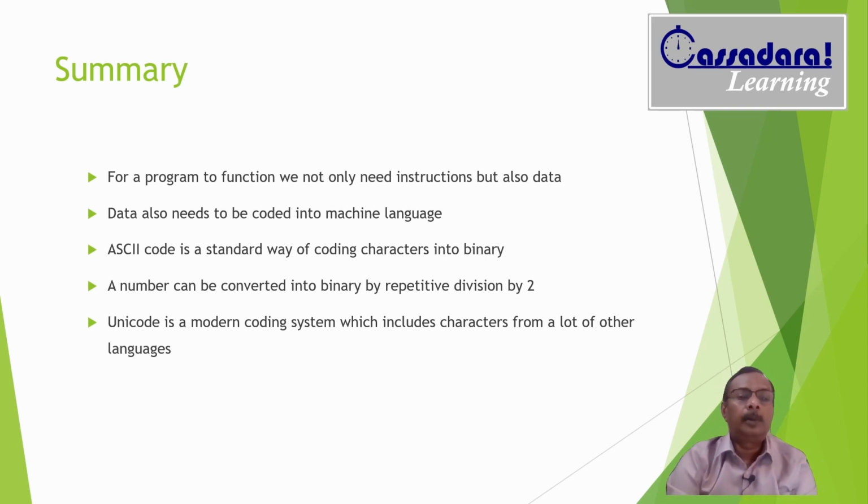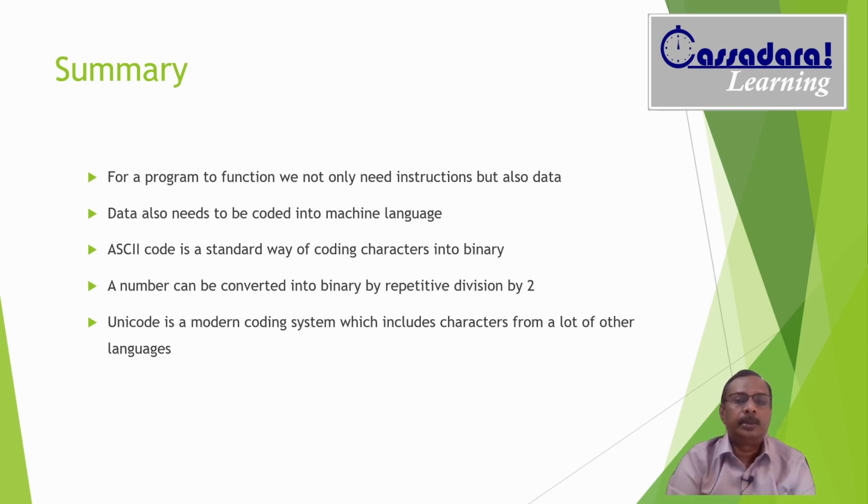Now in summary, what we saw today is that for a program to function, we not only need instructions but also data. So data also needs to be coded into machine language, because we saw how instructions are converted into machine language using compilers, interpreters, and assemblers.